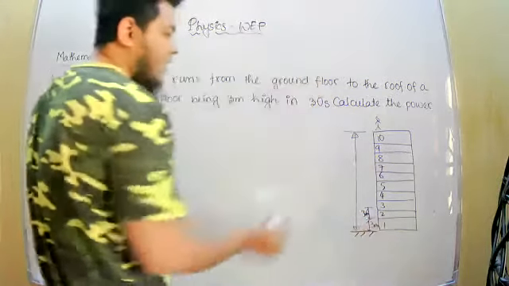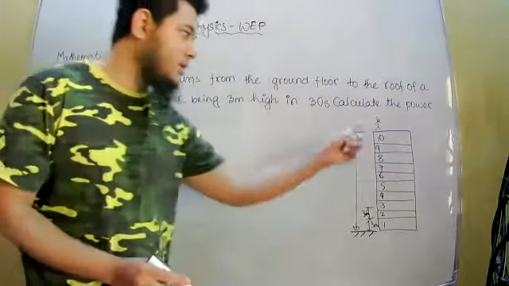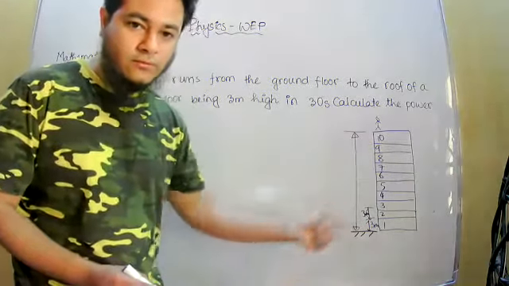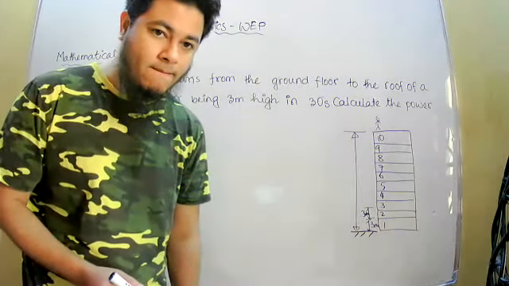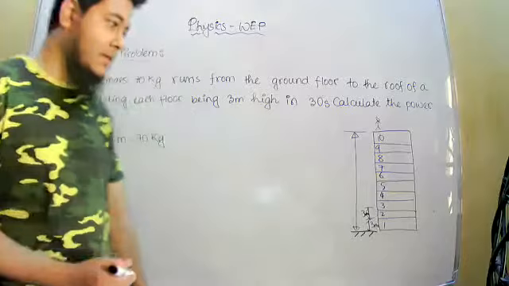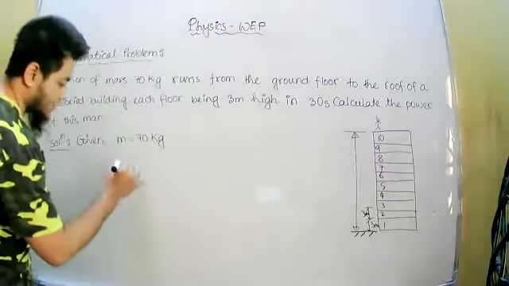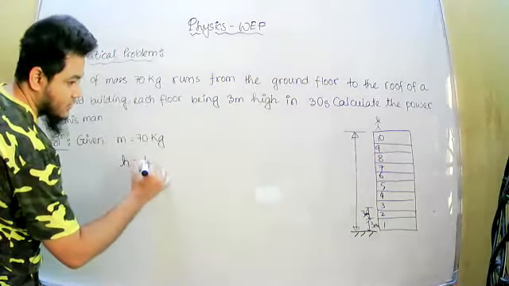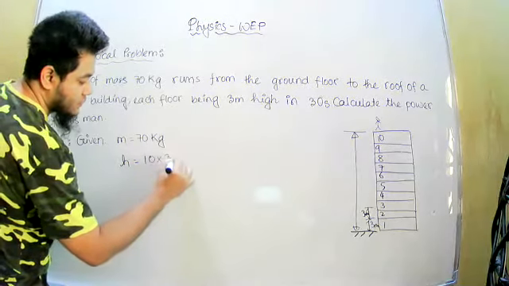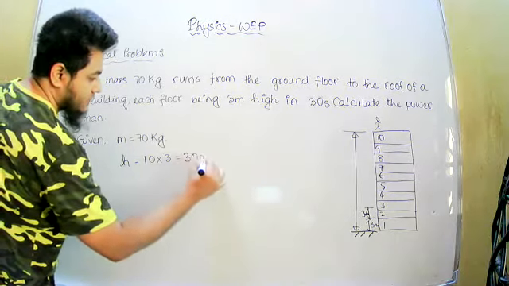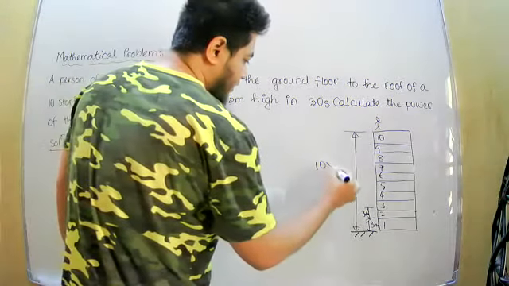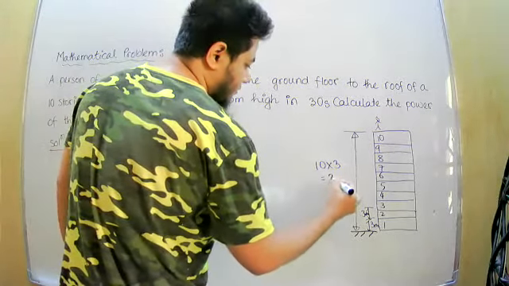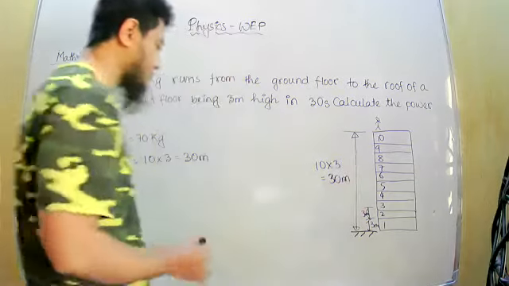So likewise, how many 3 meters has he covered when he went to the roof? 10 into 3, which is 30 meters. So his height from the ground will be 10 into 3 is equal to 30 meters.